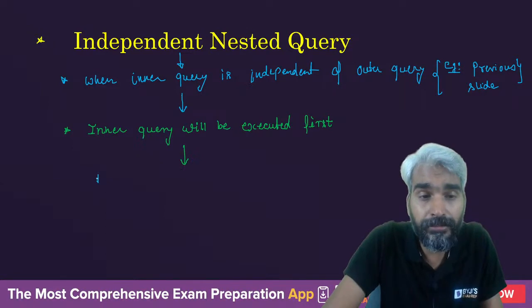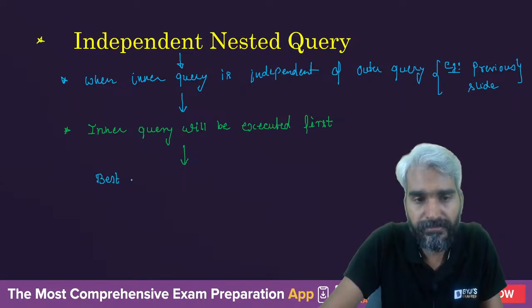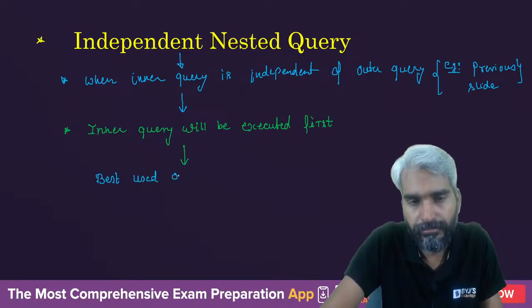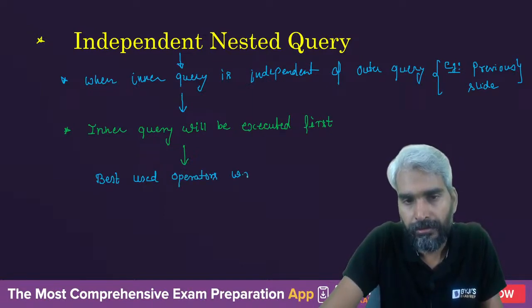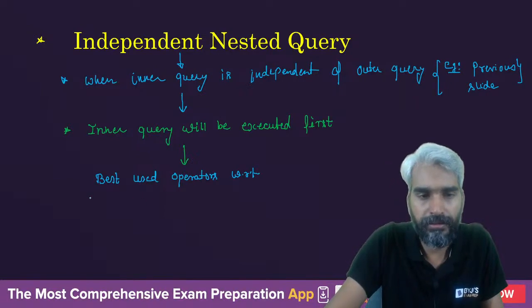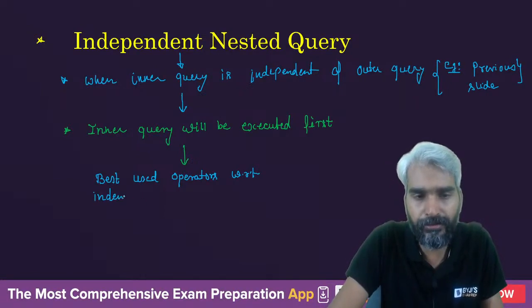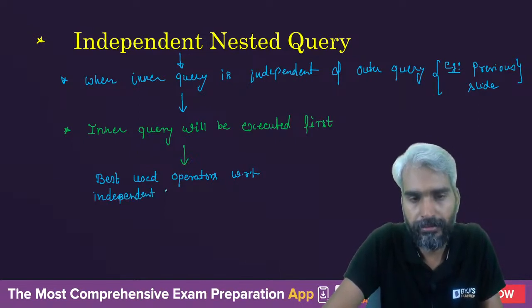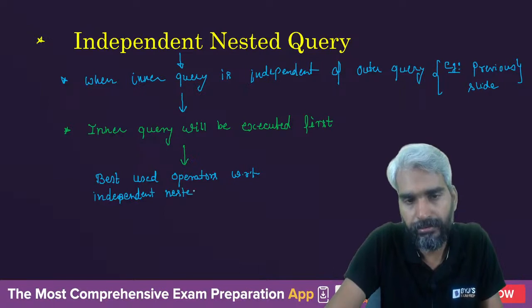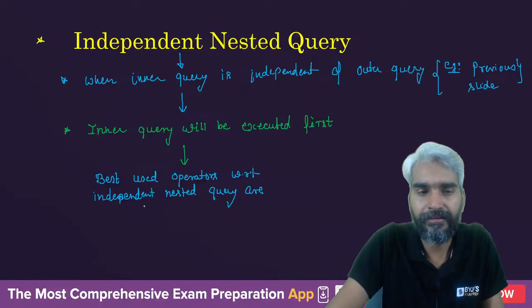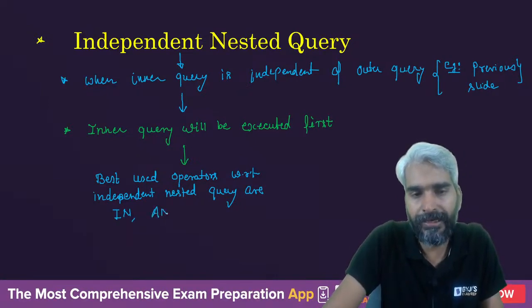So the best used operators with respect to independent nested query are IN, ANY, and ALL.